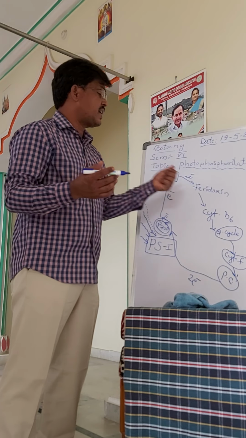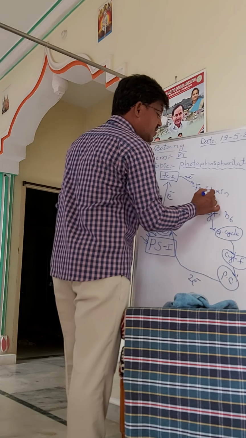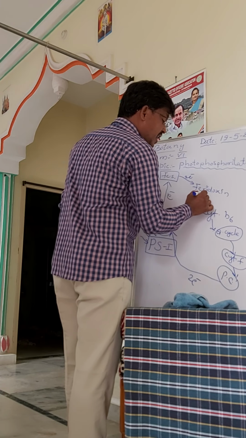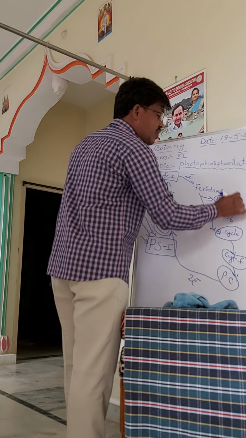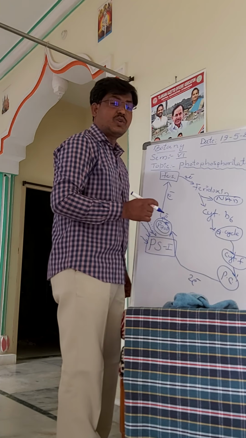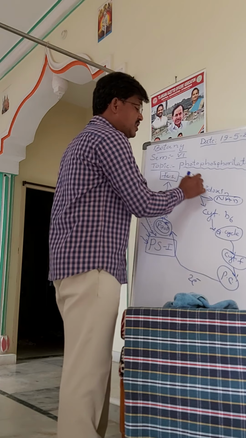Actually here the ferredoxin should transfer the electron to NAD, the oxidized nicotinamide adenine dinucleotide. It should receive the electron.